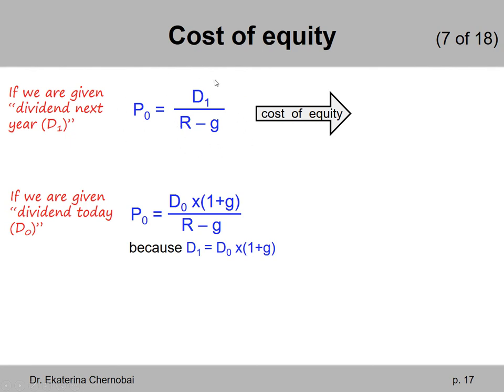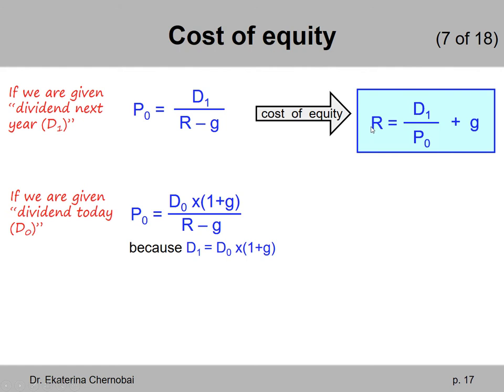If you rearrange the first formula, you get R equals D1 divided by price 0, and then you add lowercase g to this fraction. Again, this is something that came up at the end of chapter 8, in which we were looking at how the return on a stock investment can be explained as two sources of the gain in your money, the dividend yield and the capital gains yield.